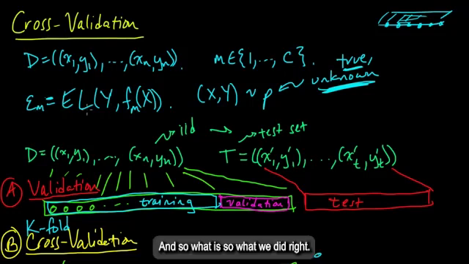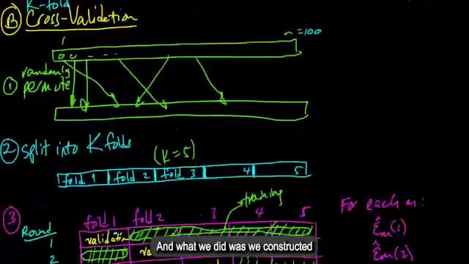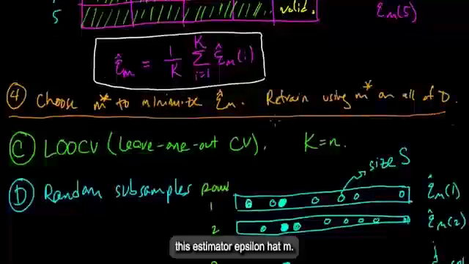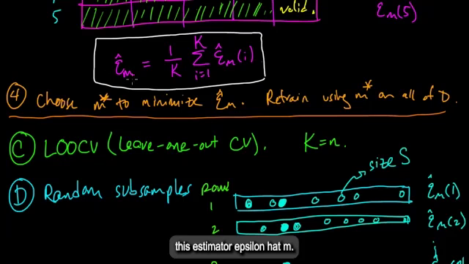And so what we did, right? We wanted to have a low epsilon m, and we constructed this estimator, epsilon hat m. We estimated epsilon m with the k-fold cross-validation procedure.